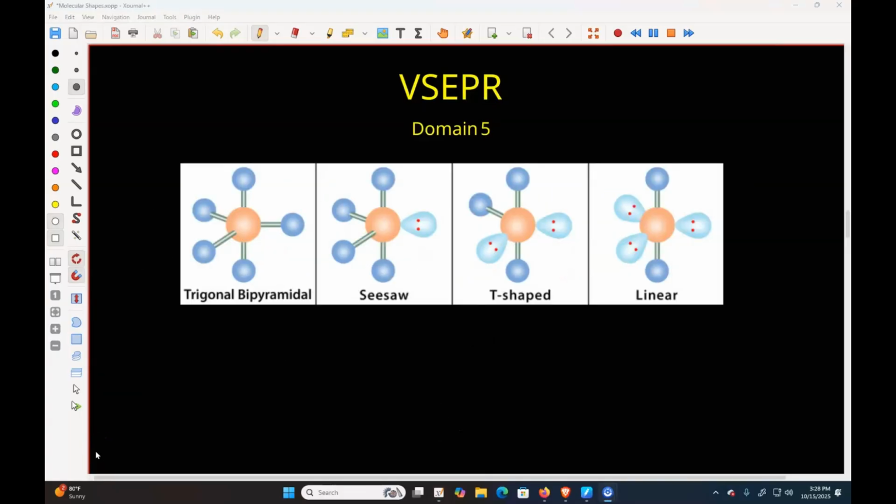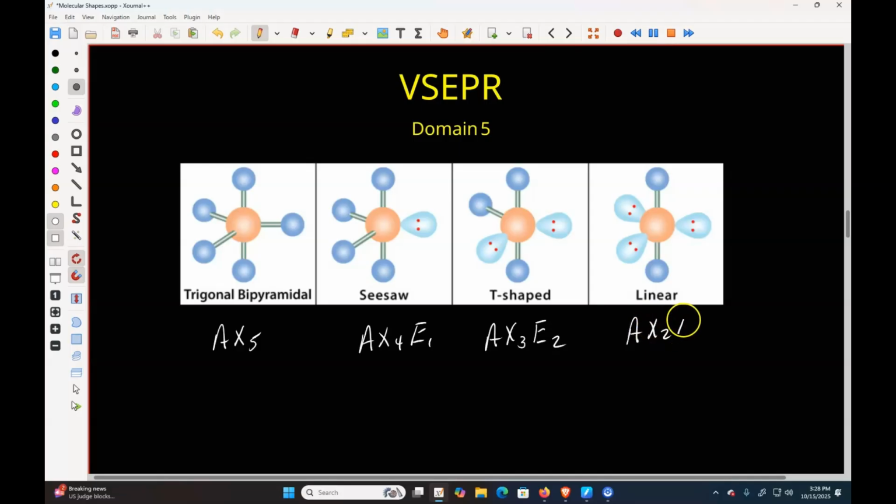For domain 5, you have AX5, AX4E1, AX3E2, AX2E3. These three are all in a plane with the central atom.